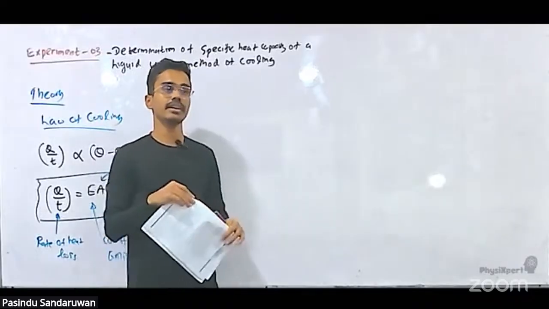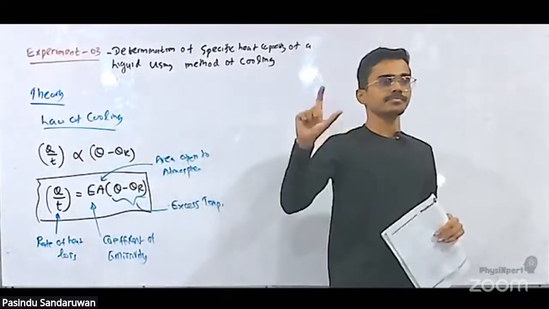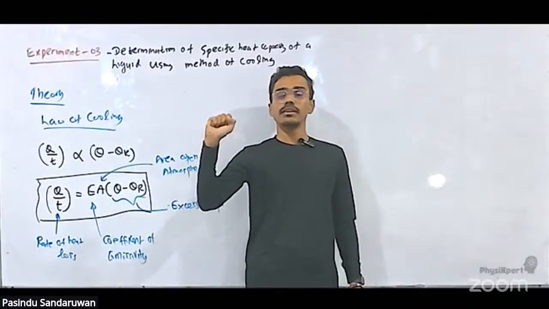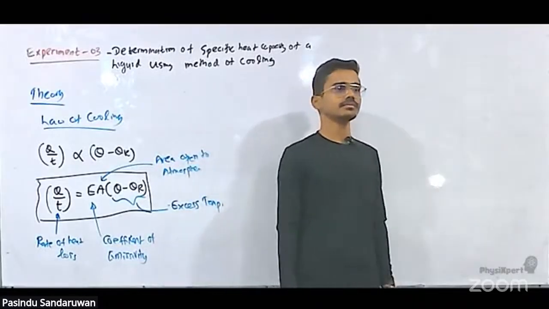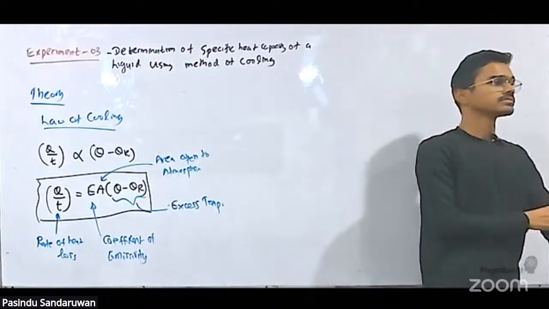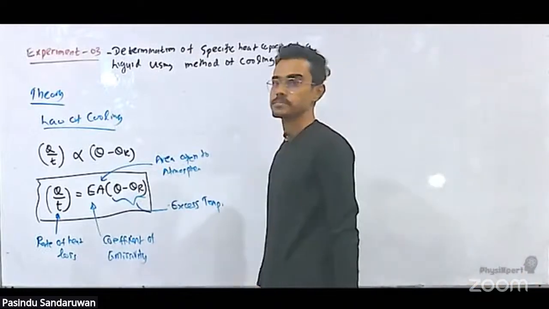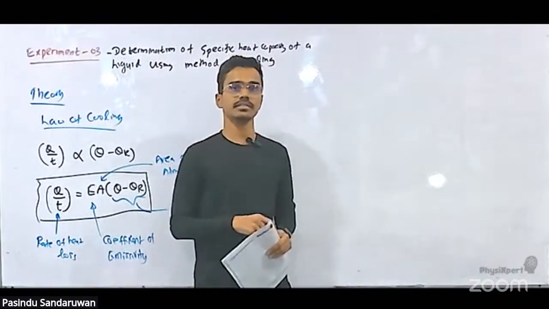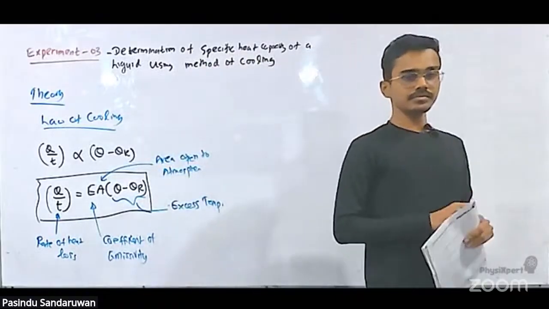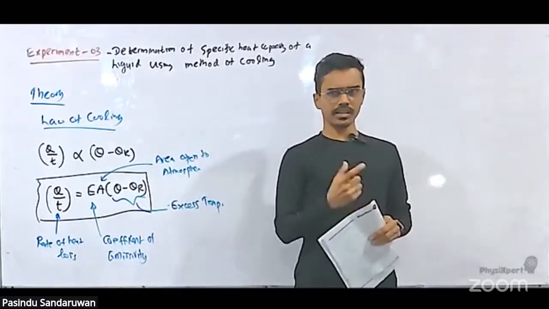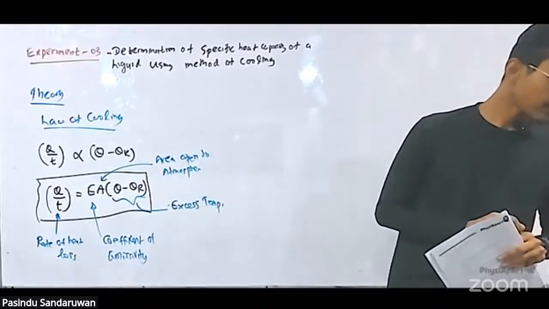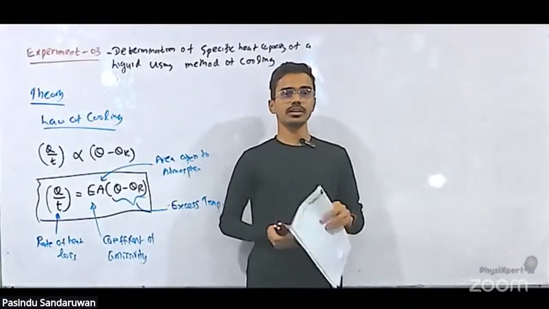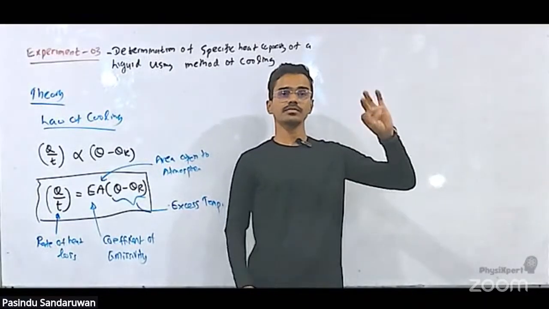What are the conditions of validity of the law of cooling? What are the two convection types we have? The convection types are natural convection and forced convection.